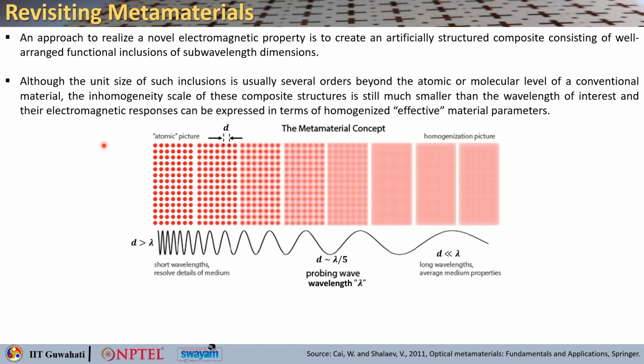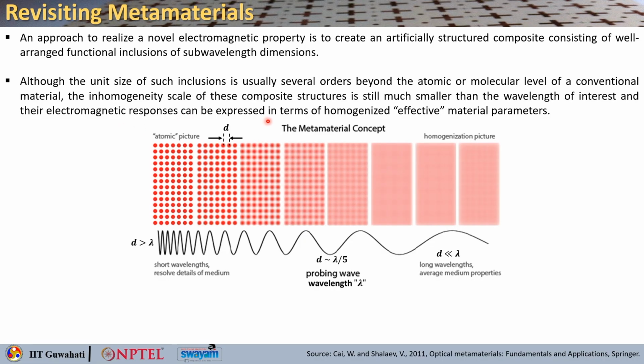Although the unit cell size is several orders of magnitude beyond the atomic and the molecular level of a conventional material, the inhomogeneity scale of these composite structures is still much smaller than the wavelength of the light or electromagnetic wave of interest, and their electromagnetic response can be expressed in terms of homogenized effective material parameters.